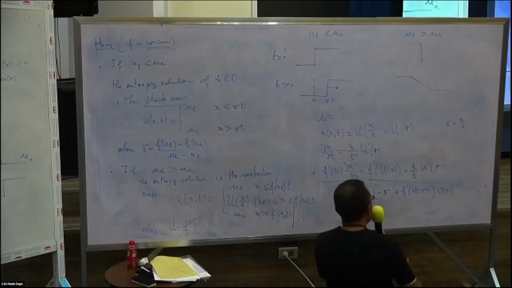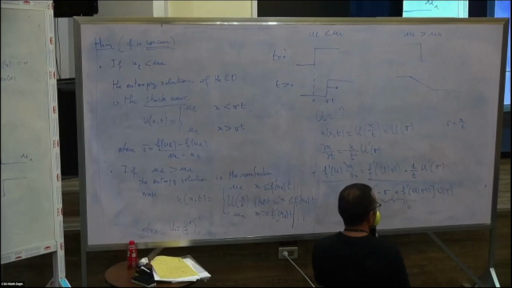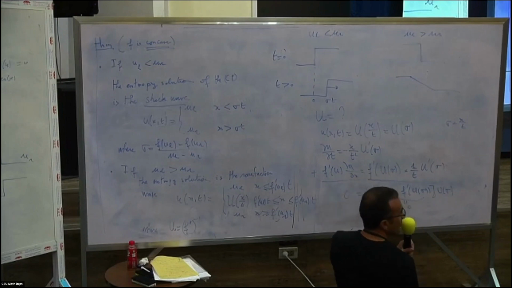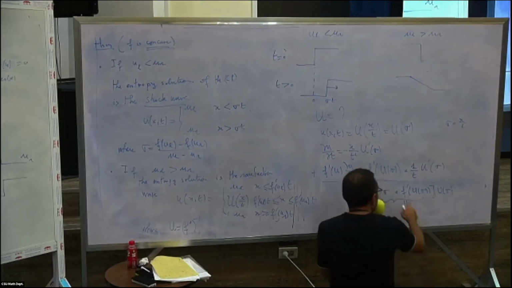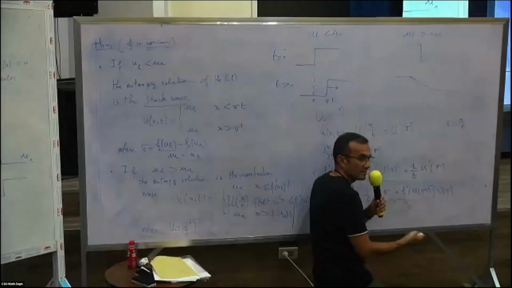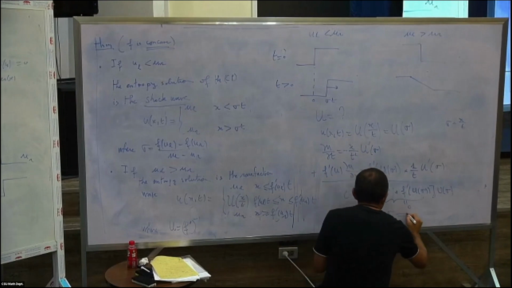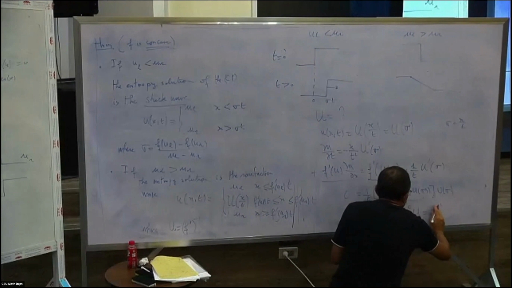Okay? So this one must be 0. So the function f prime composed with U is the identity function. Okay? f prime of U of x is x, minus x equals 0. Then U is f prime inverse.